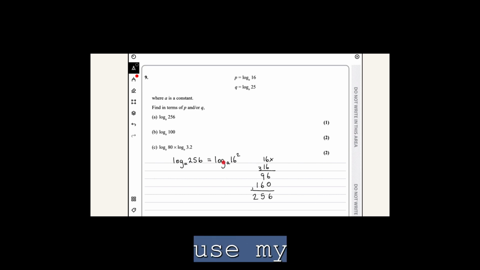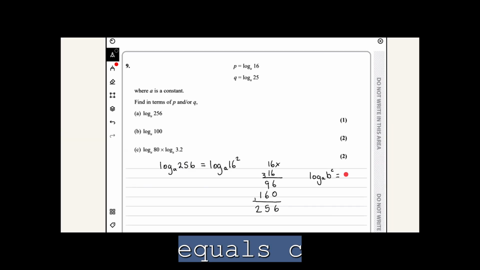And now I'm going to use my rules of logs. If you remember, log A of B to the C equals C log A of B. So we take this power down here. This is related to the indices rules. I have a separate video on this.